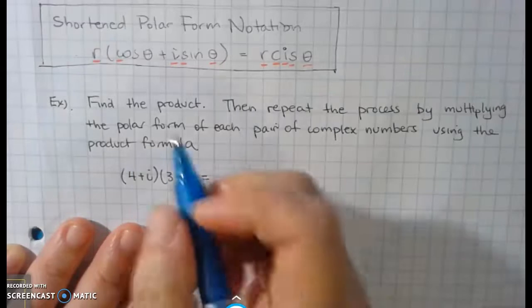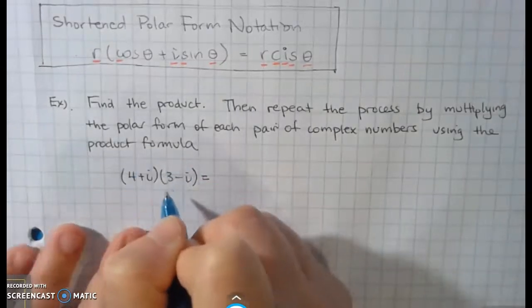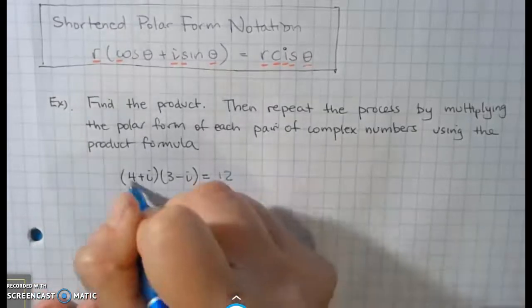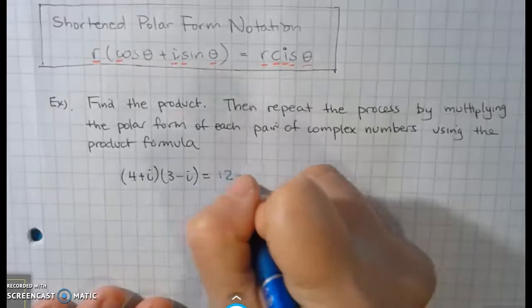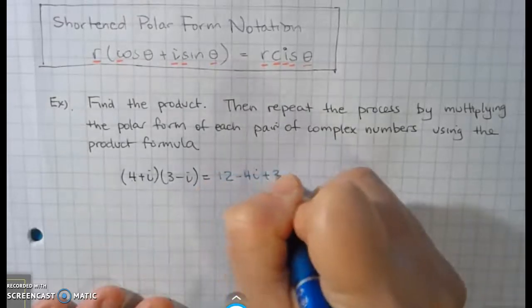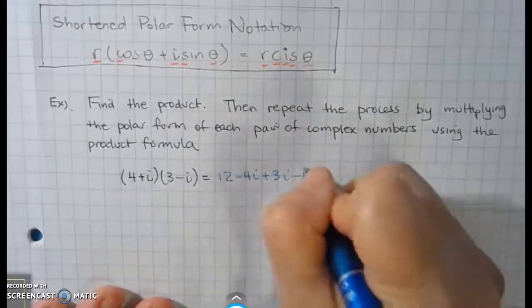So when I do that, I am doing the same thing. Distribute using FOIL. That's going to be 4 times 3 is 12. 4 times negative i is negative 4i. i times 3 is positive 3i. Positive i times negative i is negative i squared.